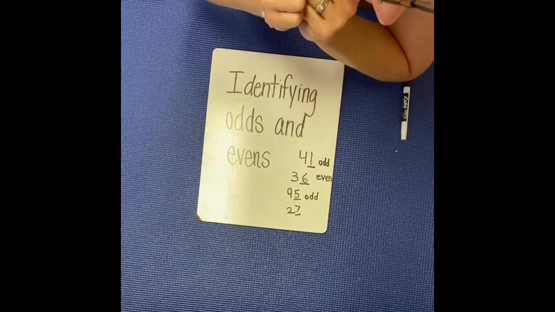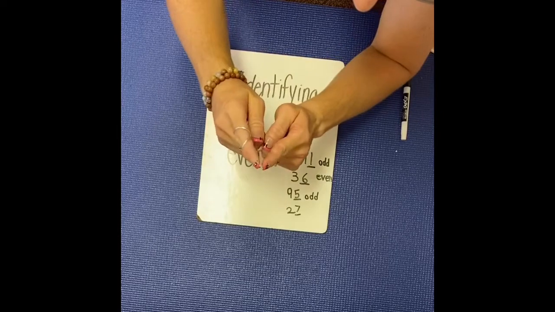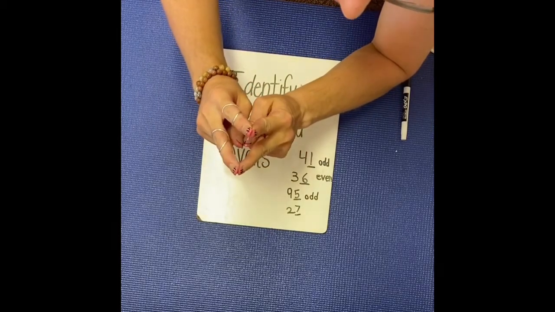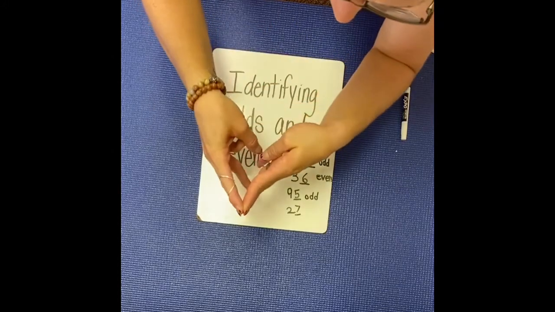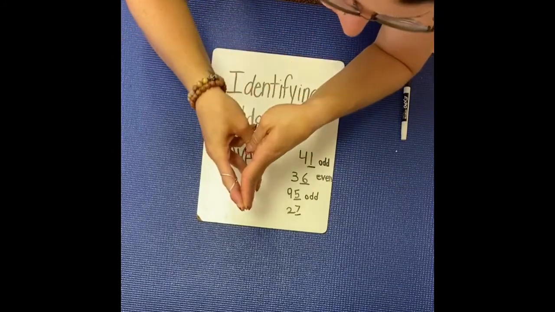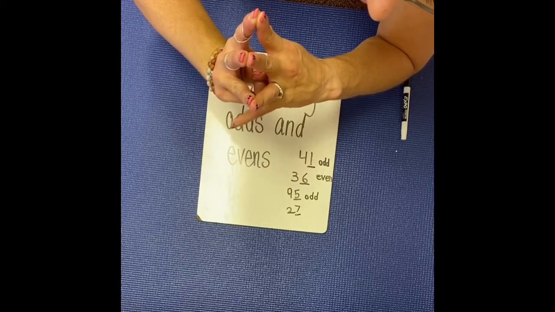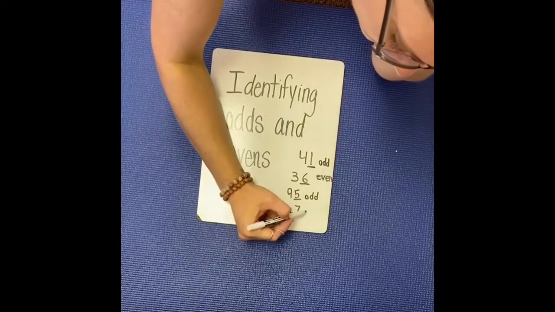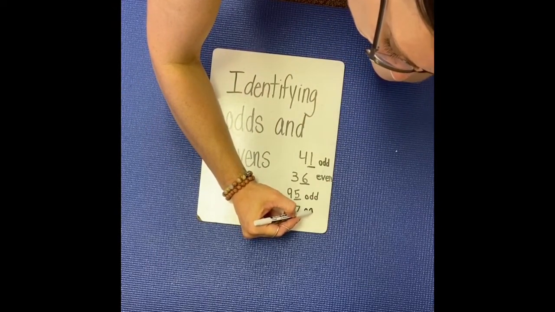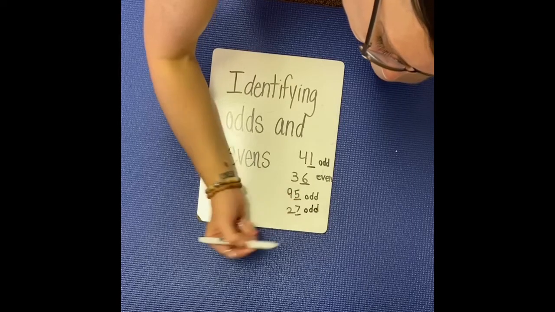I'm going to look at 7 because 7 is in the ones place value. 1, 2, 3, 4, 5, 6, and one more makes 7. 27 is odd because 7 doesn't have a partner all by itself. 27 is odd. Now I'm going to throw a funny one in here.